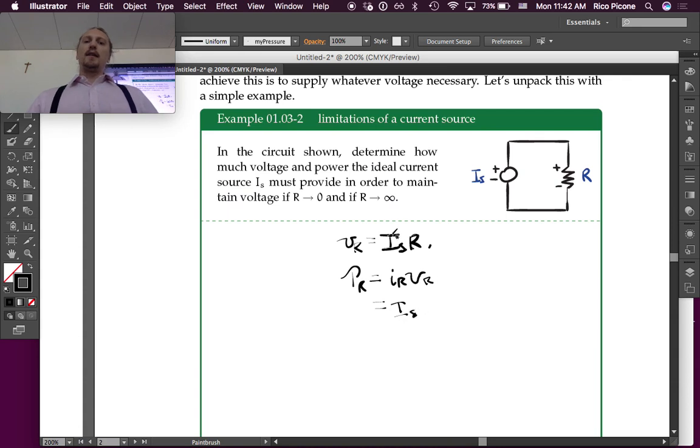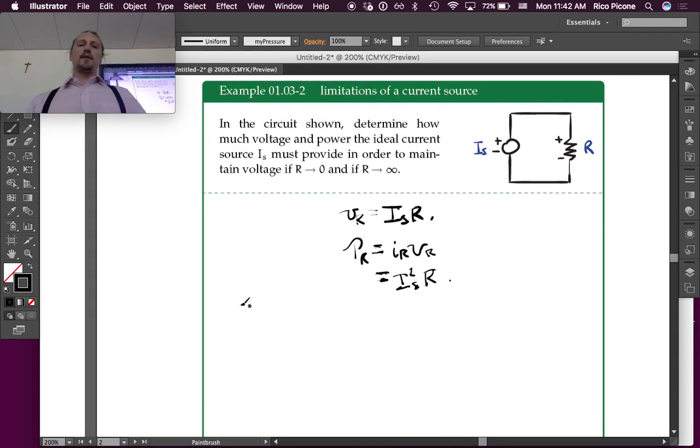And VR is IS R, so we can just square that: IS squared R. And you probably have seen both of these power formulas before, right? V squared over R is what we got in the last example. I squared R is what we got in this example. That's what happens when you mix VI and Ohm's law together. So, good times. Okay. So that's what we've got.